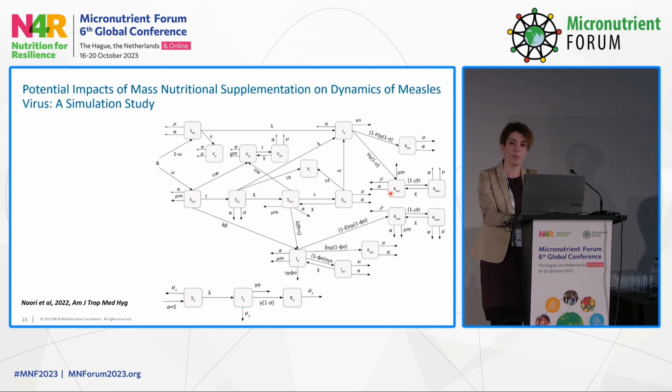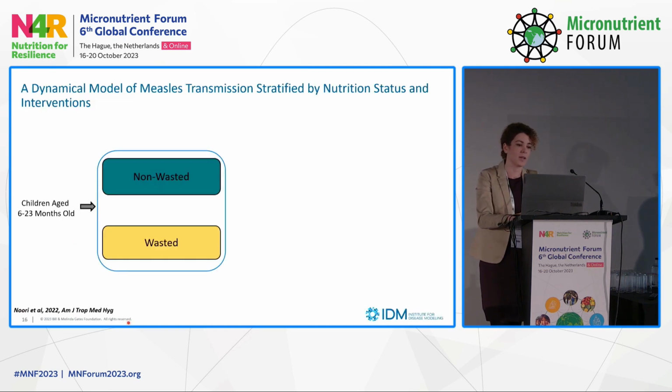This work has been published, so if you want to know more details and assumptions of the model, you can check out the publication, and I'll also be happy to talk to you about it after the session. But in a more simplified version of this model, we simulated a range of scenarios to assess the potential reduction in measles burden associated with different nutrition interventions.